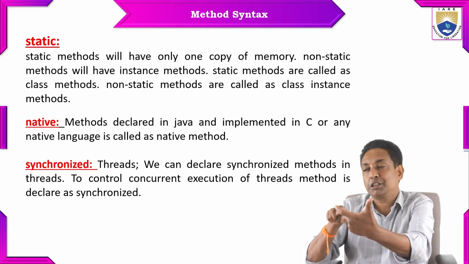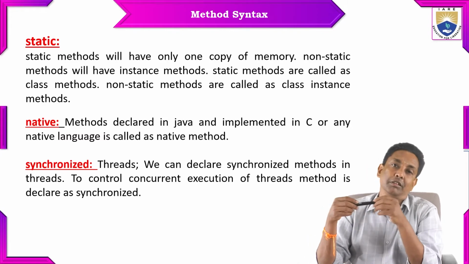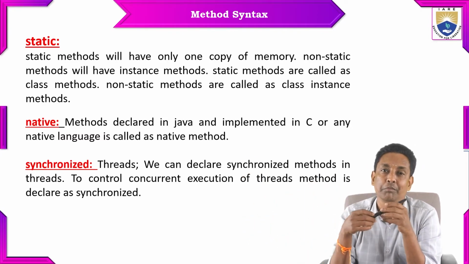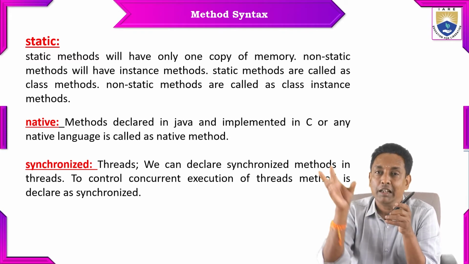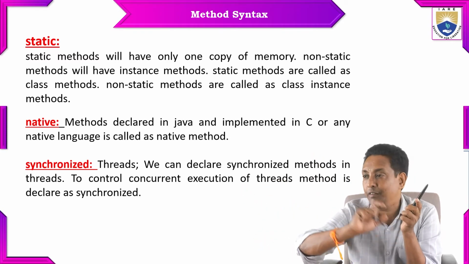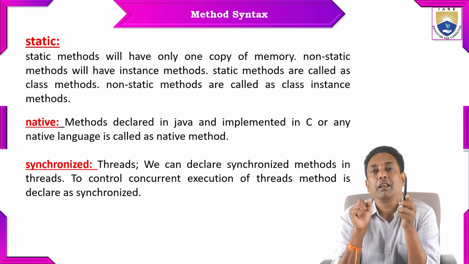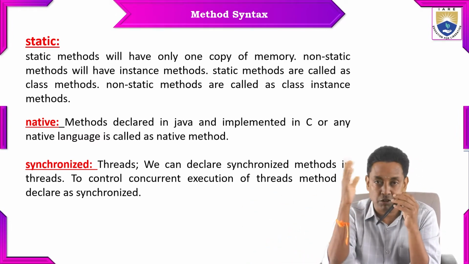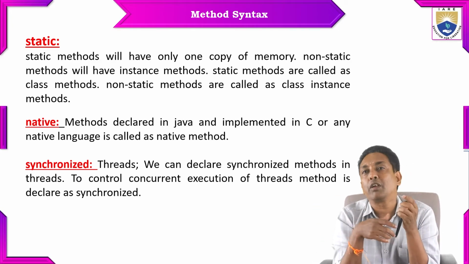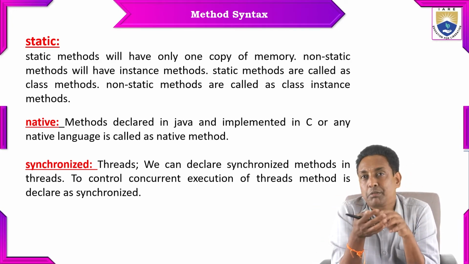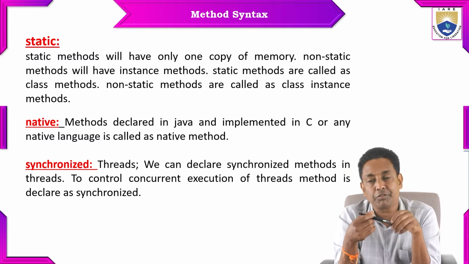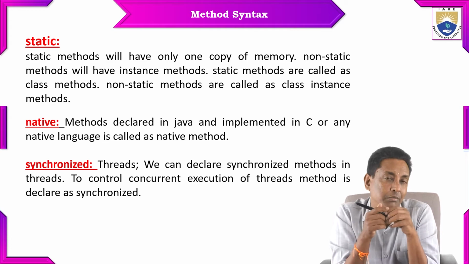The moment that class is loaded, it will go and link to the DLL file that exists in the path environment variable. In the DLL file, the matching corresponding native method for our method exists. That method will be loaded into the native class loader of the JVM. So it's a big story. If you implement one example on a native method, hardly 10 to 15 lines of code would be enough to understand it. That's not a big deal.